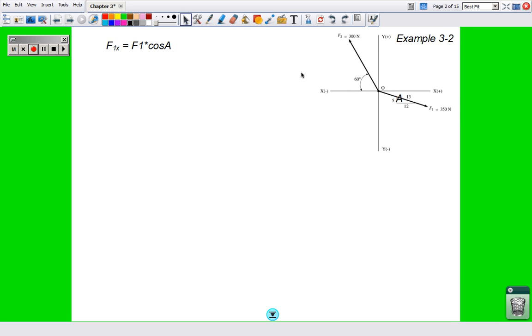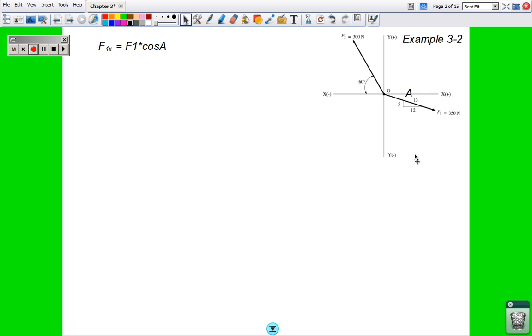Alright? So how am I going to find angle A? Well, I know that the triangle here is in the relationship of 5 on this side and 12 on that side. I also know then I can find this angle, right?